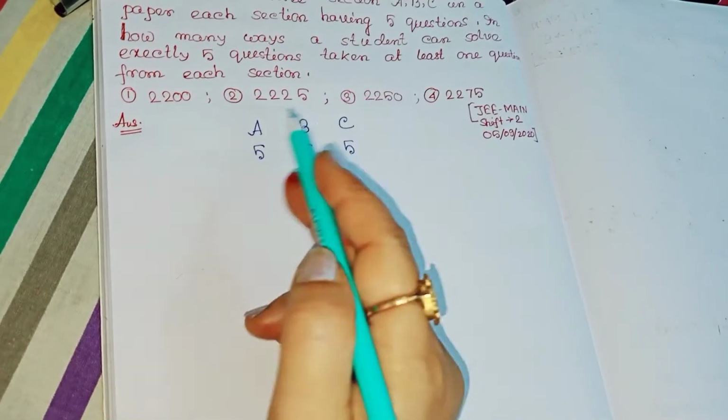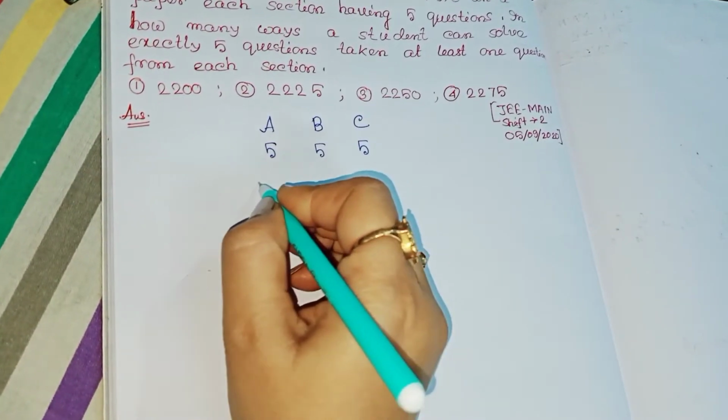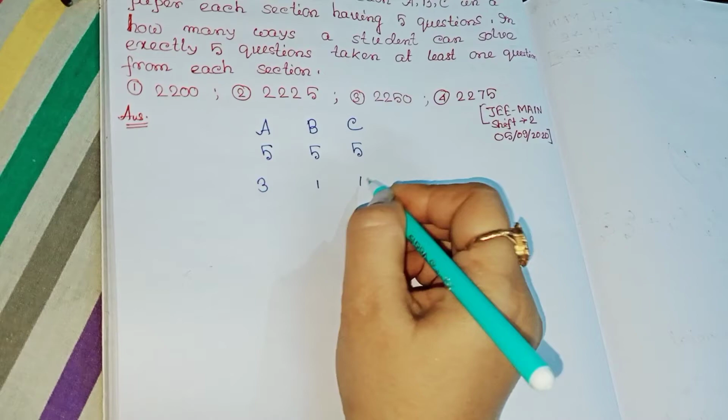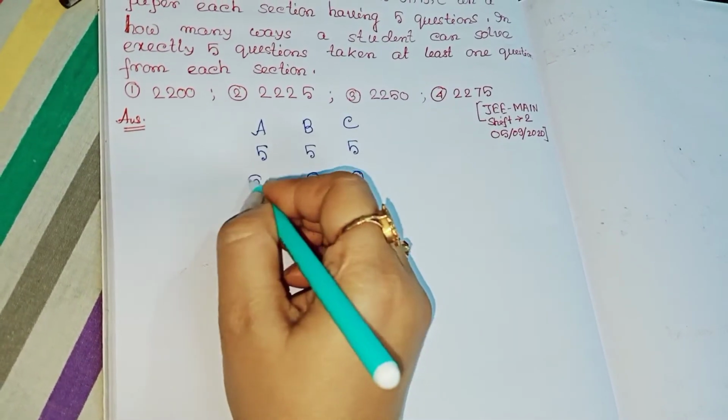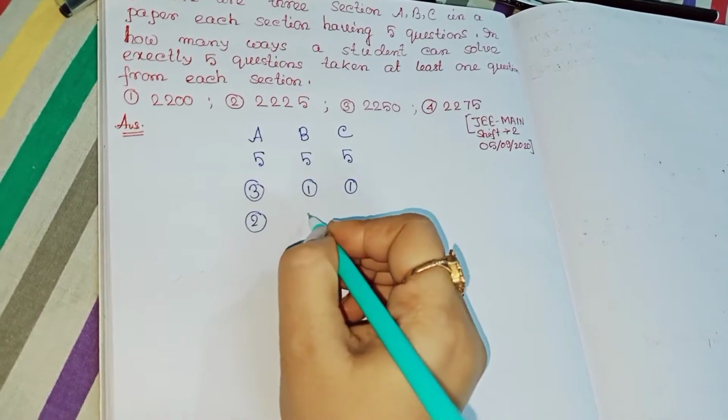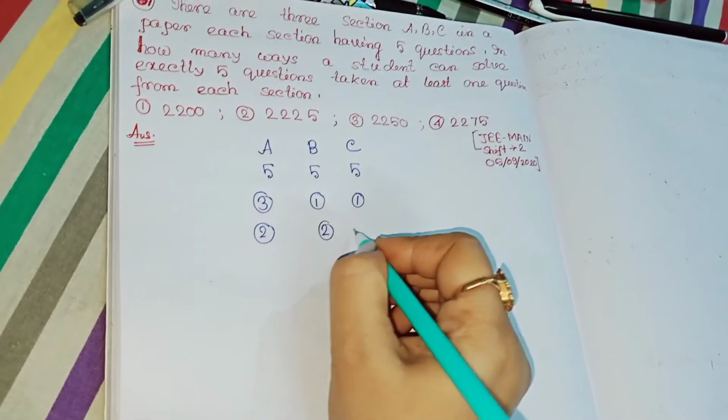How can we choose them? We may choose in two ways: 3, 1, 1 is one way, and the other way is 2, 2, 1.